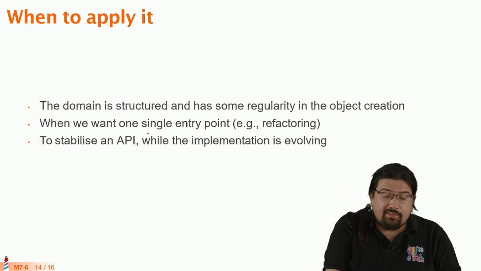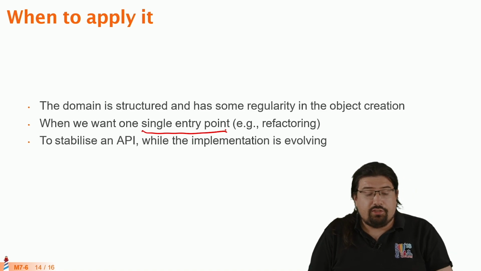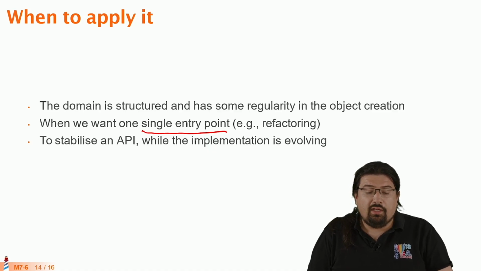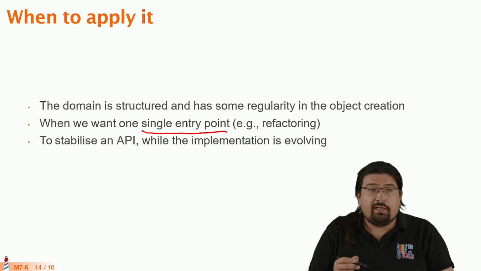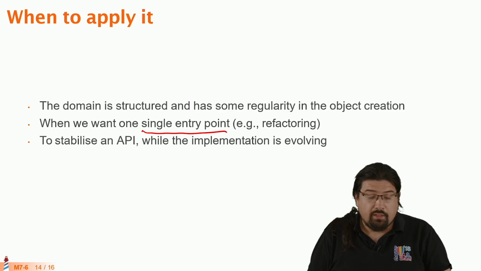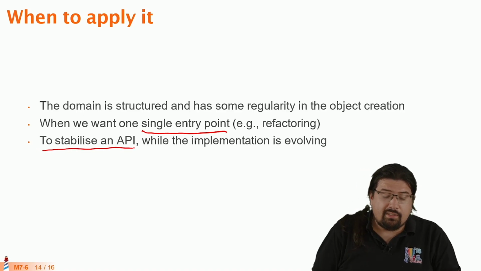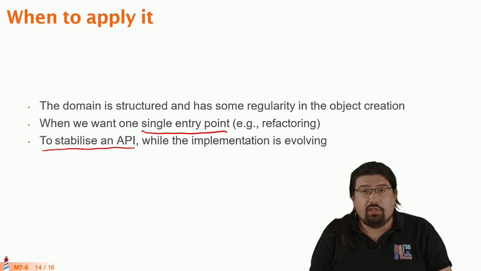Builders give us a single entry point to the creation of objects. It is a really nice feature of a builder. So we can create complex objects in a single way, and if we need to change it in the future, we control this single entry point. Also, the builder has a clear API that is used by the users.